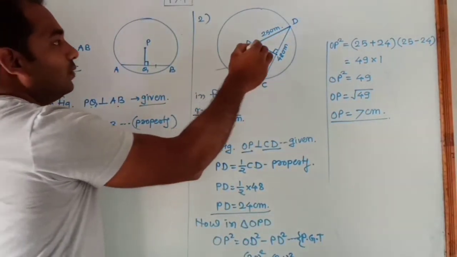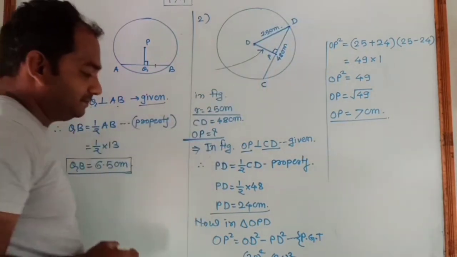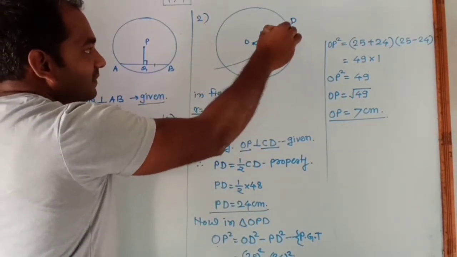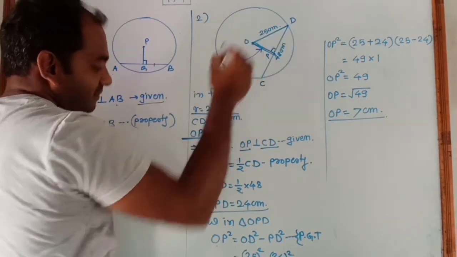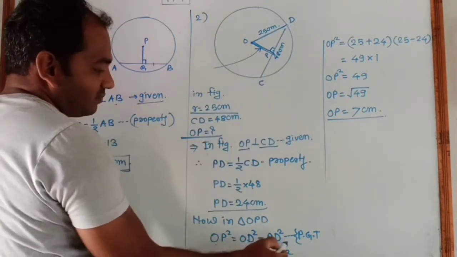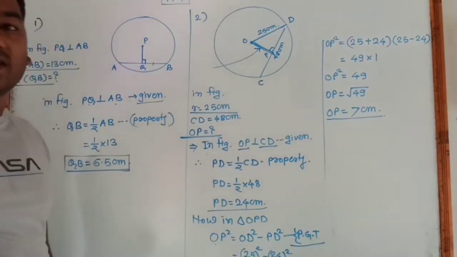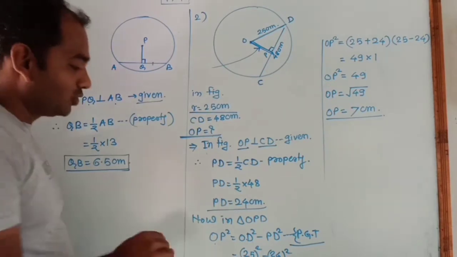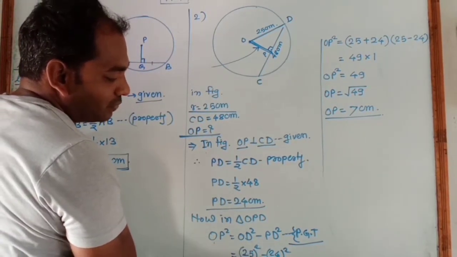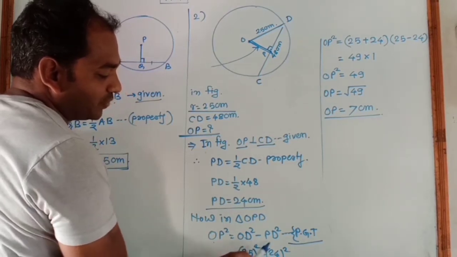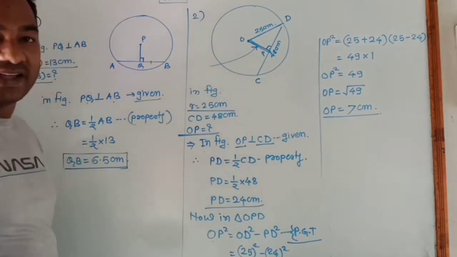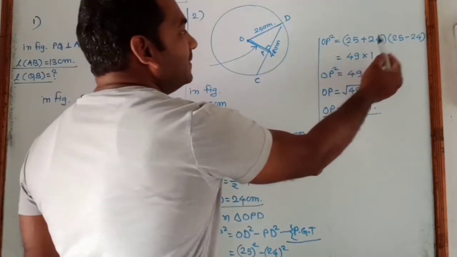Now in the triangle OPD, see, OP square is equal to OD square minus PD square according to Pythagoras theorem. Now put the values. OD is 25, PD is 24. So 25 square minus 24 square. This is a square minus b square, so (a plus b)(a minus b).